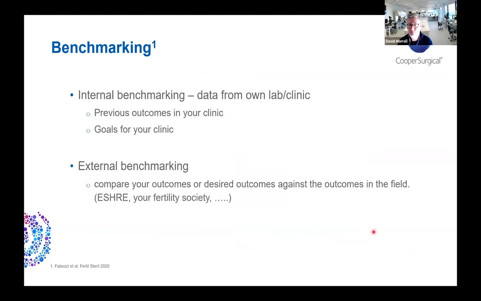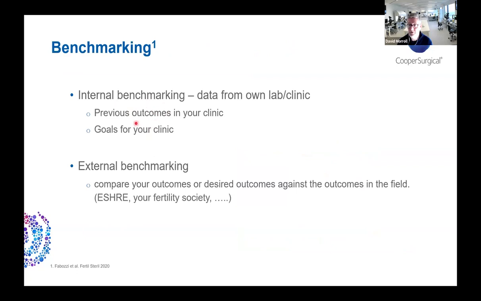Now, I've also mentioned benchmarking. We want to know how well our lab performs relative to other labs, and that's where the benchmarking comes in. We can provide internal benchmarking, so previous outcomes or goal setting.